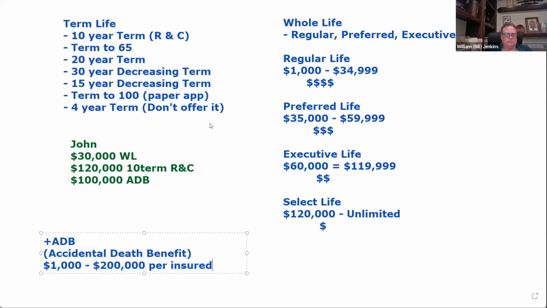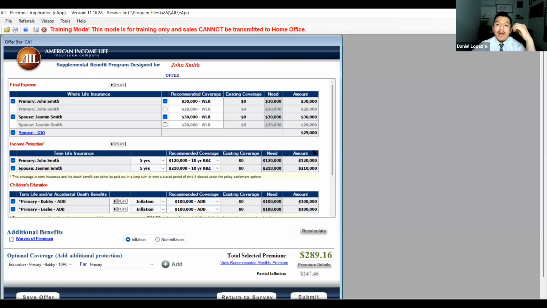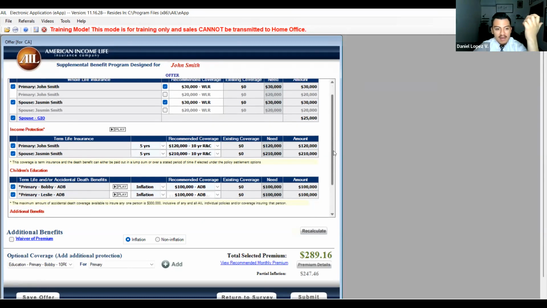Why is it only covering the primary? The system will automatically cover the primary, because the way this should be in order is whoever is the breadwinner of the house, you should always put as primary.